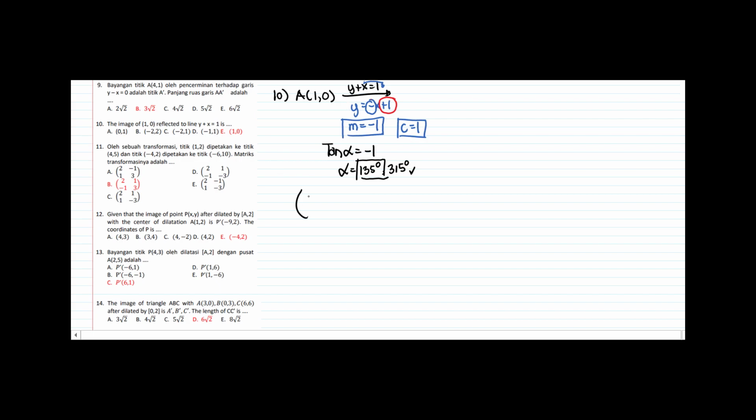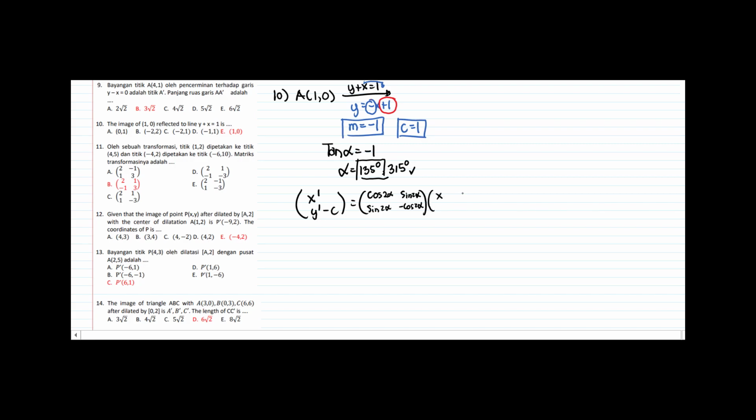Nah, bagannya gimana? Bagannya x aksen, y aksen minus c equals the matrix. The matrix is cos 2 alpha, sin 2 alpha, sin 2 alpha, negative cos 2 alpha.